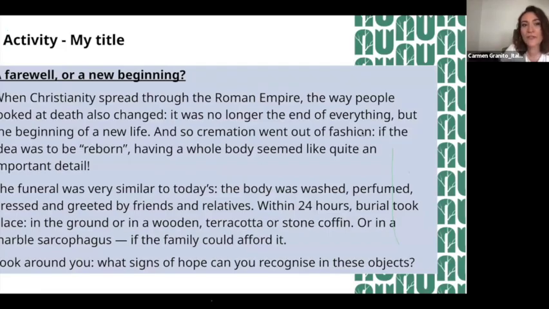So a question, and then a general universal concept, farewell, beginning. Some of you said something like, what happened to a Roman after death, or life around death, etc.